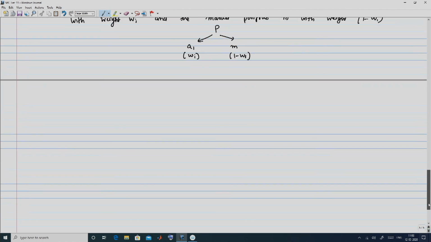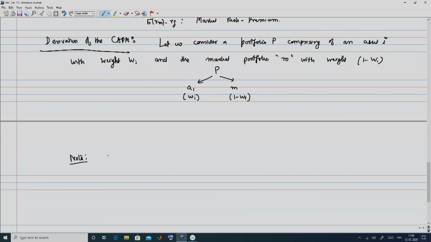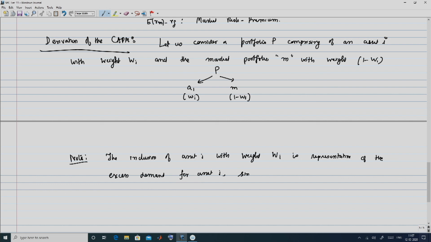Now we can make an observation here and make a note that the inclusion of asset I with weight Wi, what does it imply? This implies or is representative of the excess demand for asset I. And why do I say that this is excess demand?